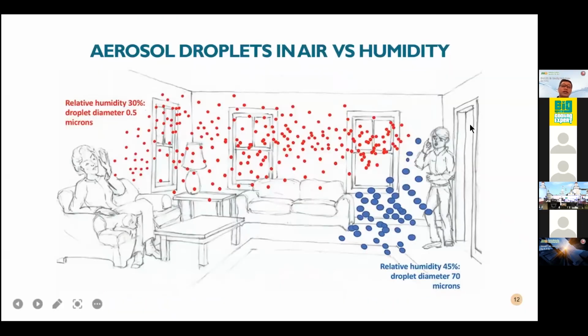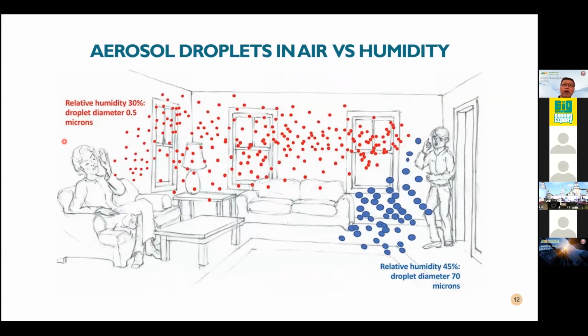Just now we were talking about aerosol droplets in air versus humidity. As you can see on my left, red in color here, let me put my pointer, red in color here. If the relative humidity is low, which means the air is dry, the air molecule is light, and the virus tends to adapt to a particle.